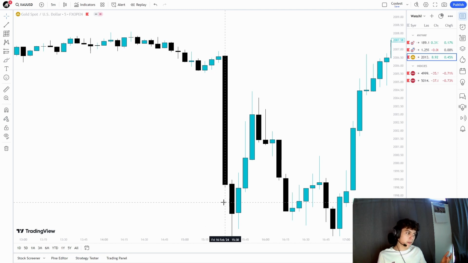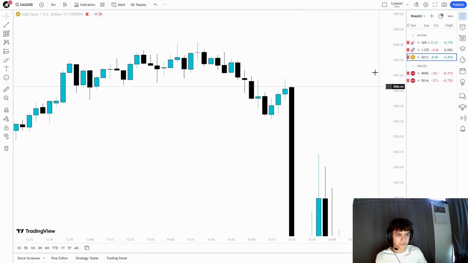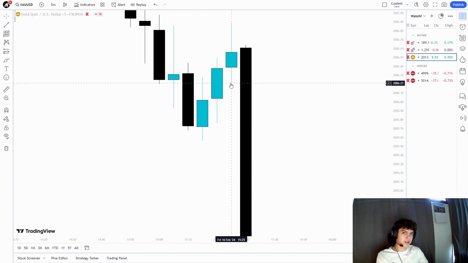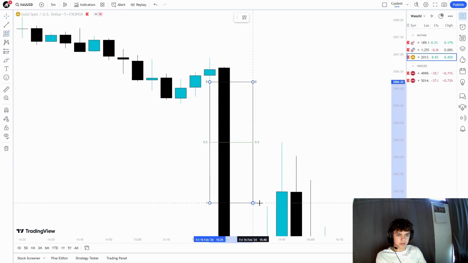This is a gap that needs to get filled, and as you can see, where do I take it from? Hold on, let me show you. Where do I take it from? As you can see, the last candle before the gap, the wick, from this to where?